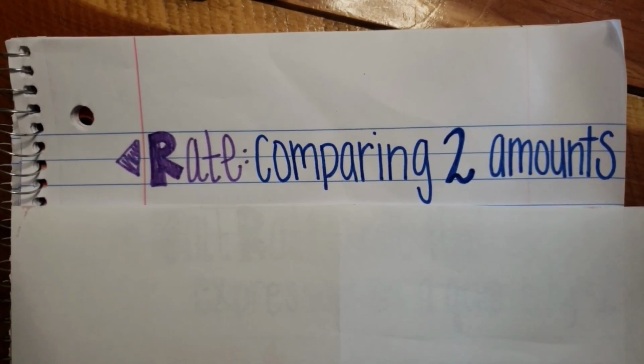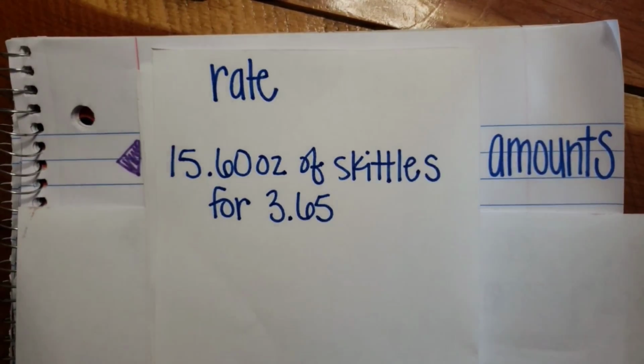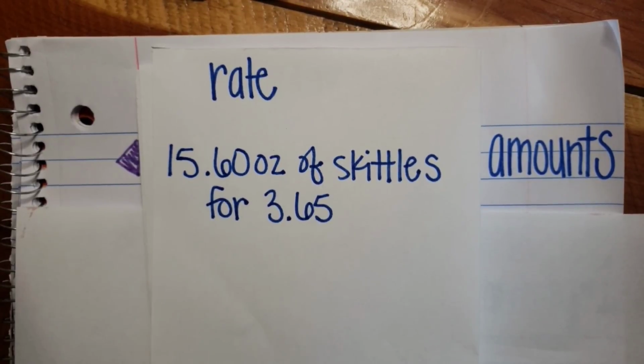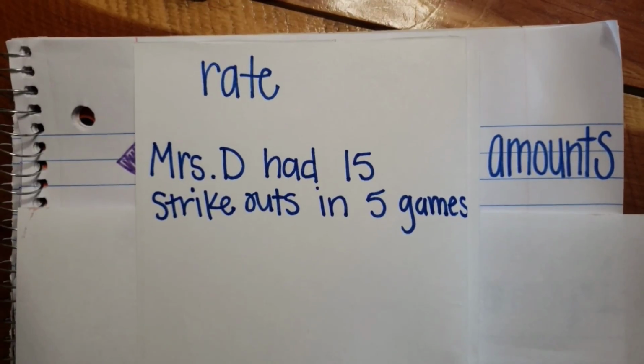Here are some examples of rates. 60 miles in 3 hours. This is comparing miles and hours. 15 6/10 ounces of Skittles for $3.65. This is comparing ounces and money amounts. This is a rate.